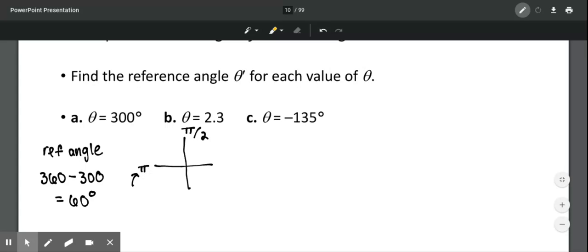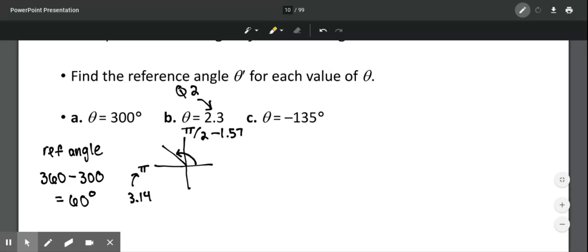And we all know that pi is 3.14, and pi over 2 is 3.14 divided by 2, which is about 1.57, if we were talking about these in decimals. So we know that this 2.3 is in quadrant 2. So maybe 2.3 is about right here. So this is 2.3 radians.